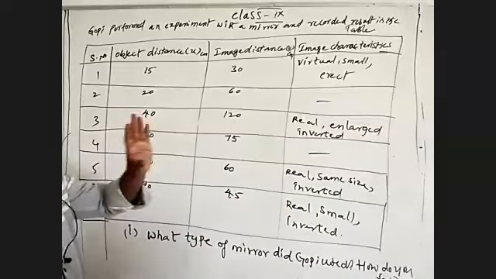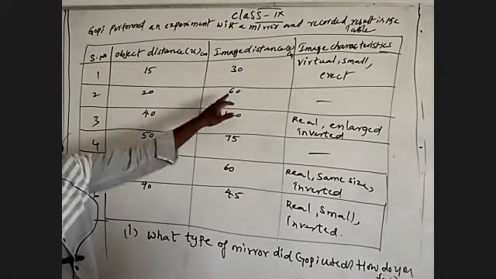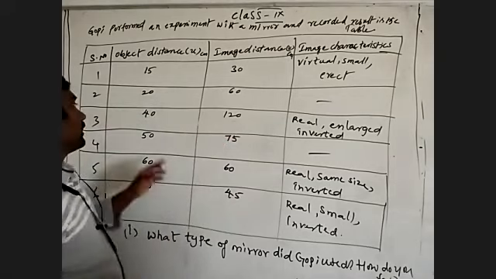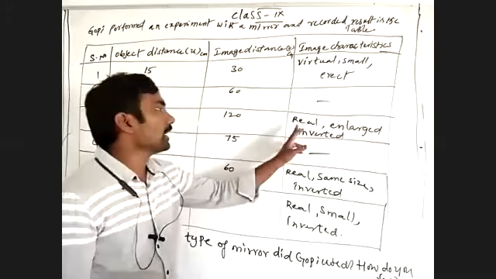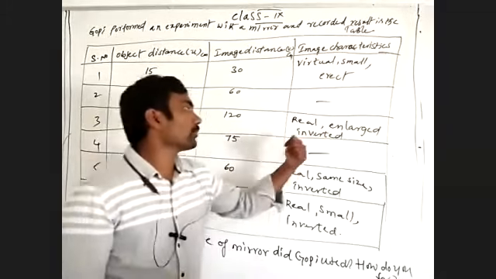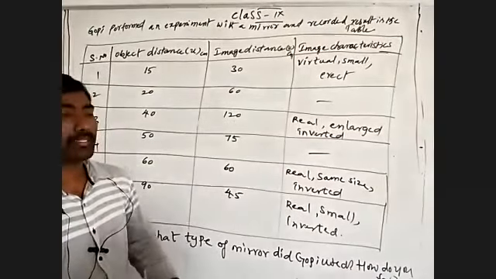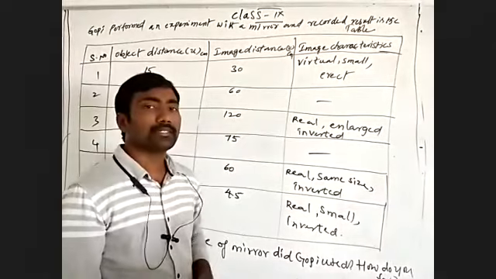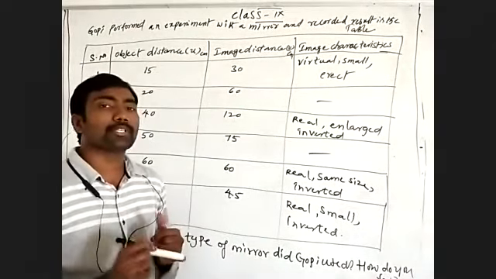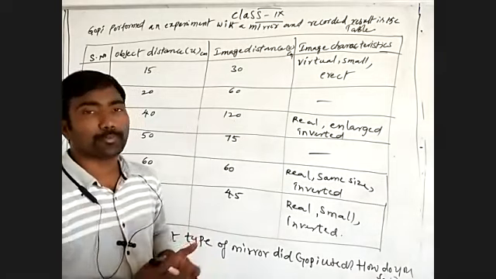Then 20 and 60 they did not write, and 40 and 120 real enlarged inverted. Real image is formed by which mirror? Inverted image is formed by which mirror?